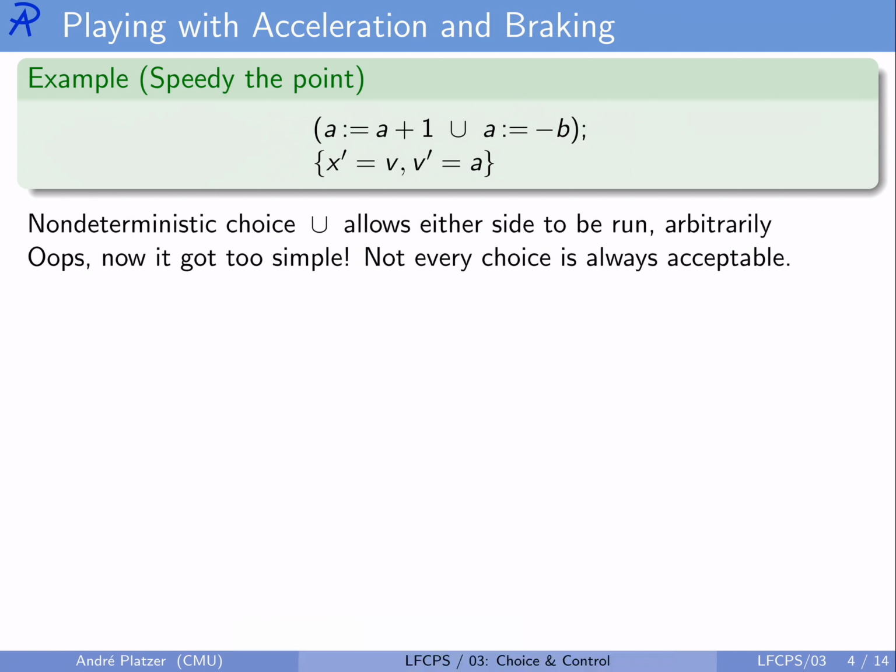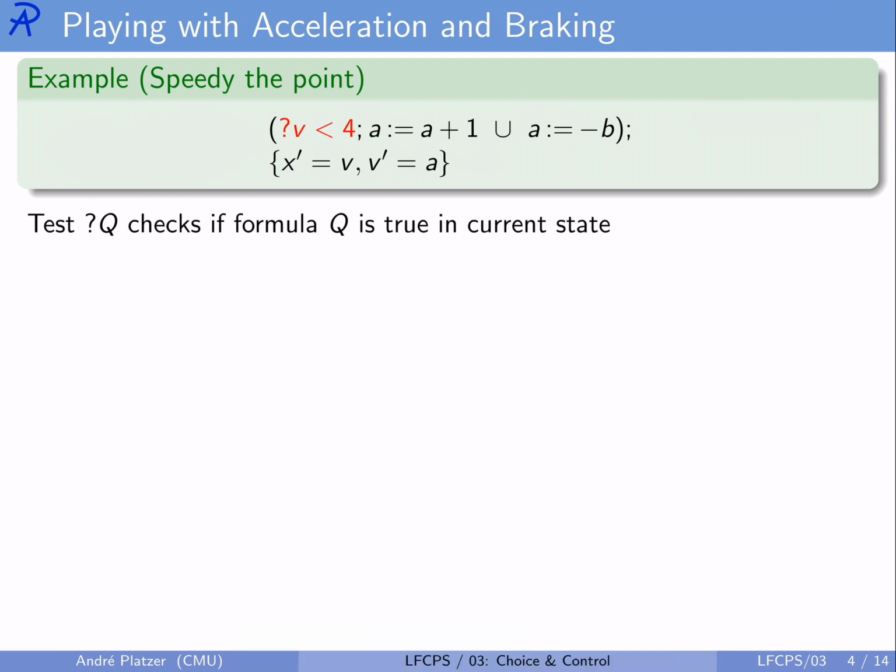Instead, we only retain what's the most important safety critical aspect. We will introduce tests into our language that will enable us to check conditions, a logical condition, for example here, where the velocity is less than 4. And this test on the velocity condition will make sure that the left branch can only be chosen if indeed the current velocity is less than 4.